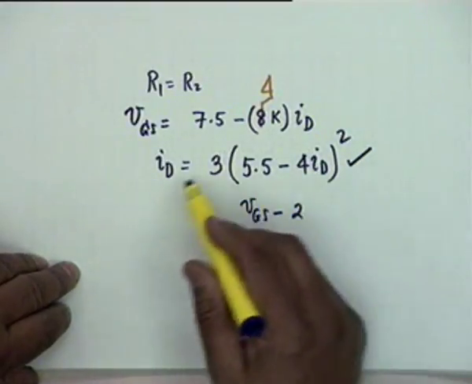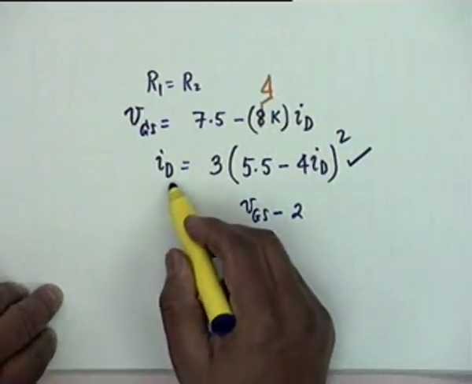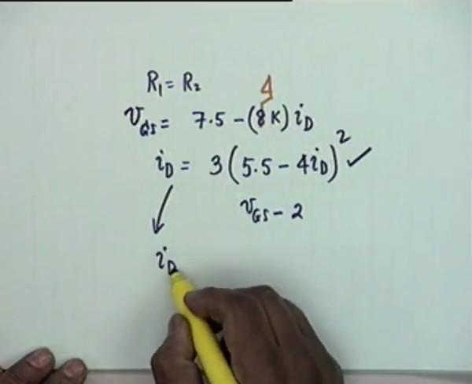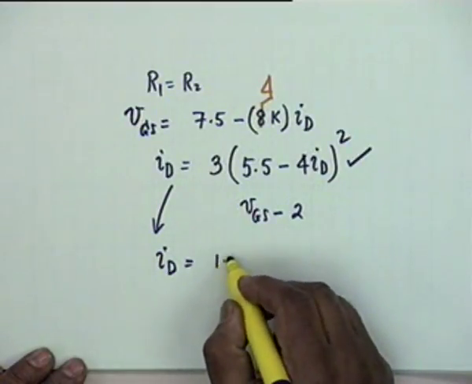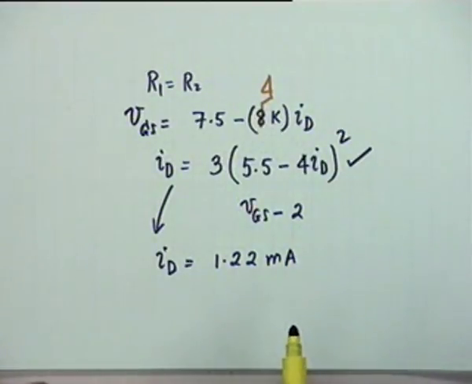So this is a quadratic equation which we shall have to solve. And my solution is that ID is equal to 1.22 milliampere. The other solution is not acceptable. You have to find out why.